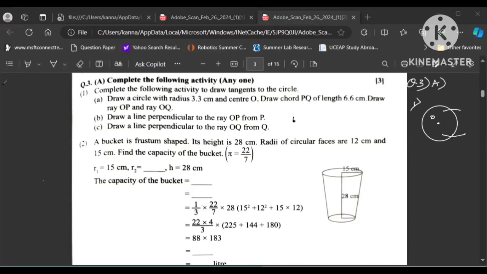So this segment where the two arcs intersect is a chord of length 6.6 centimeter. So the question was, draw a chord PQ of length 6.6. So I have drawn a chord PQ.